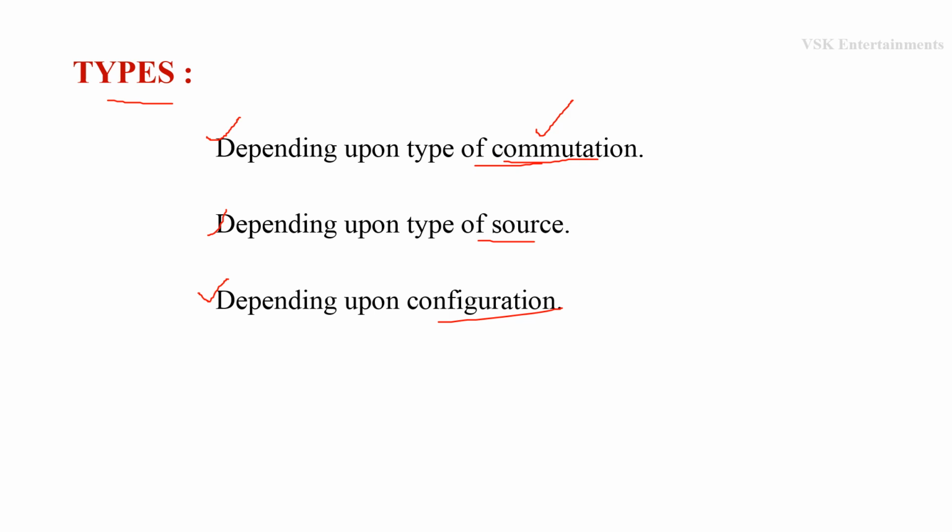Similarly, I think everyone knows source. That is, the types of sources are two, current source and voltage source. Depending upon those sources we are going to classify the inverters. Similarly, we know the types of configurations. We mainly have three configurations: the first one is the bridge, the second one is the series, and the third one is the parallel. Depending upon those configurations we are going to classify the inverters.